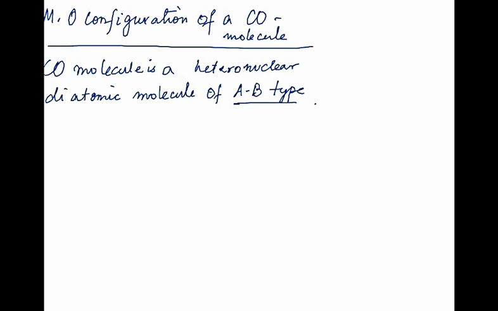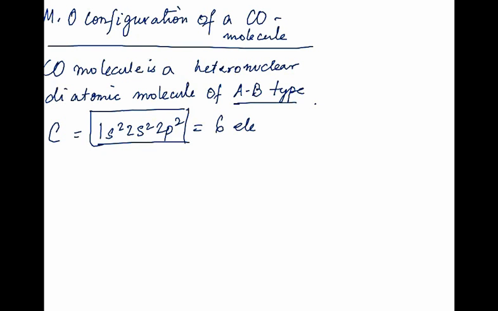How? If we take the electronic configuration of carbon, it is 1s2, 2s2, 2p2. So we can say in the valence shell, carbon has 4 electrons and a total of 6 electrons. If we represent oxygen, it is 1s2, 2s2, 2p4.